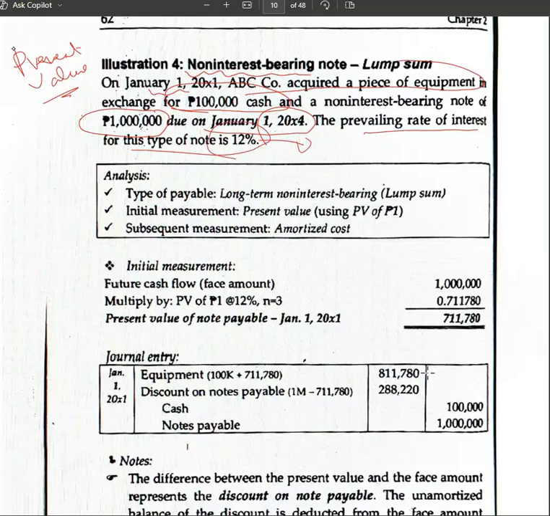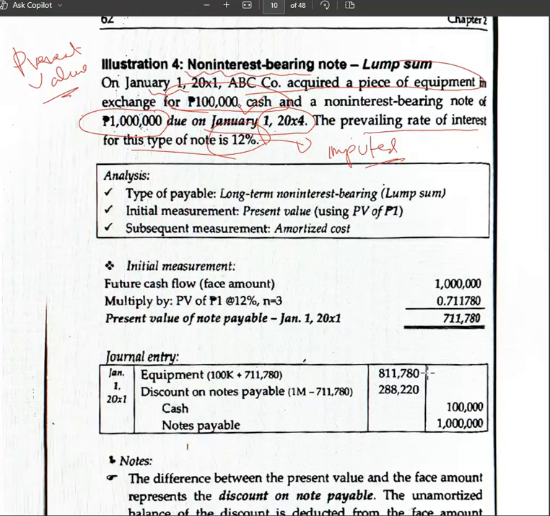We will use this as our imputed interest to compute the present value of this promissory note. And please don't ignore that we have cash here that is given. The problem is we don't find a value for the equipment. So our valuation will depend upon the present value of the non-interest bearing note, using that imputed interest, and of the cash.